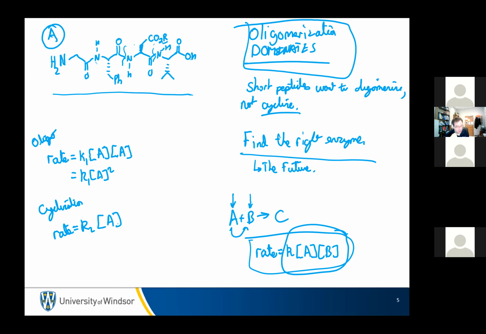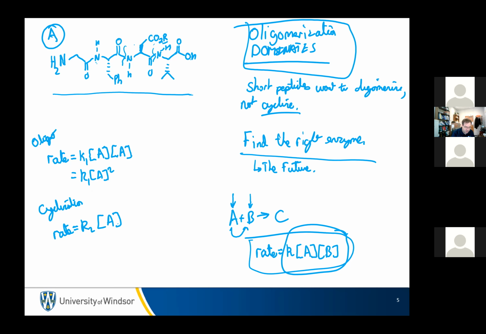What are the units for a rate? Concentration, so what's the unit of concentration squared?